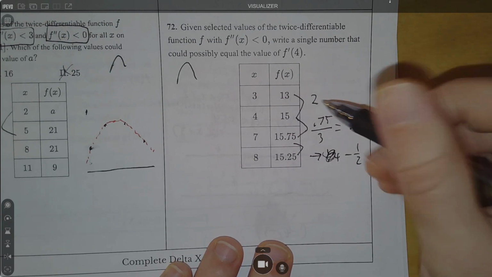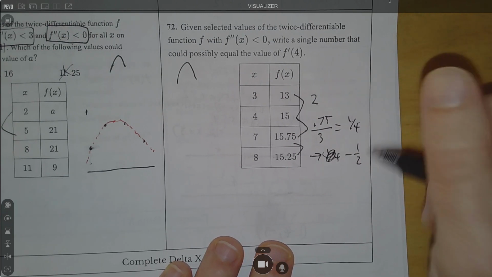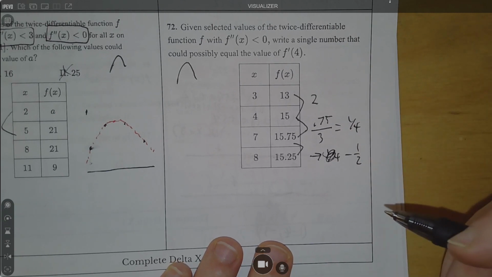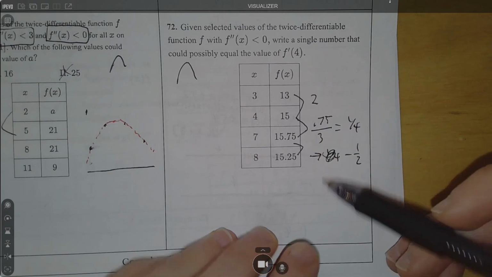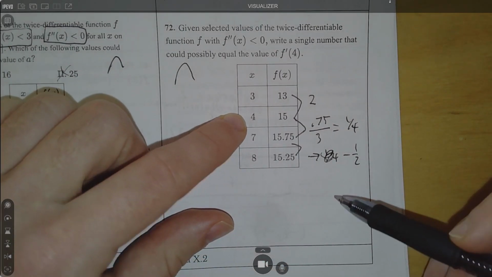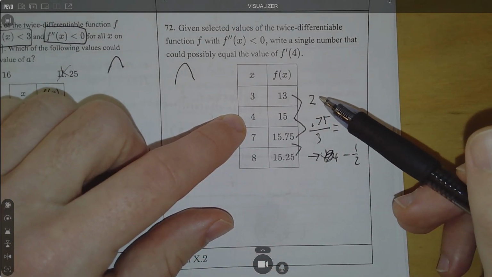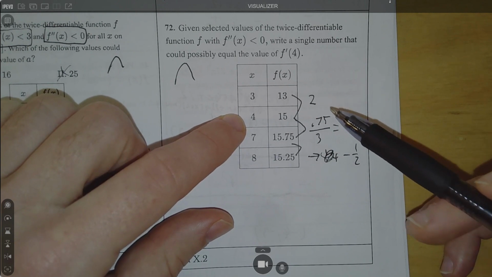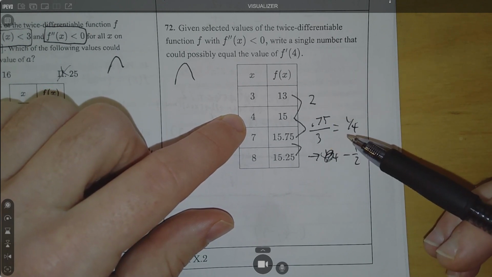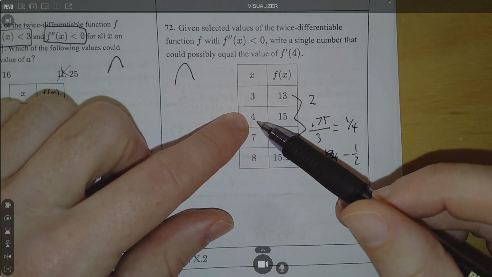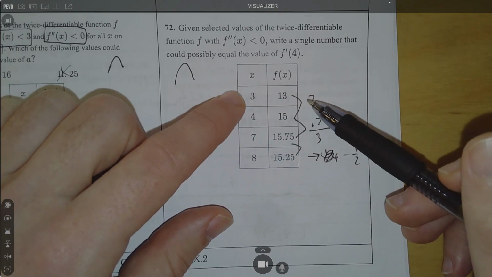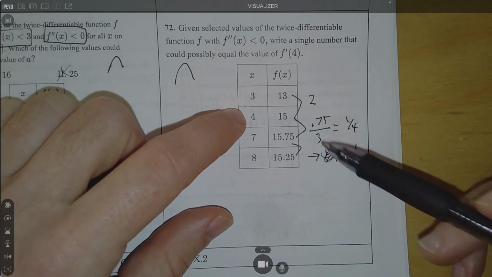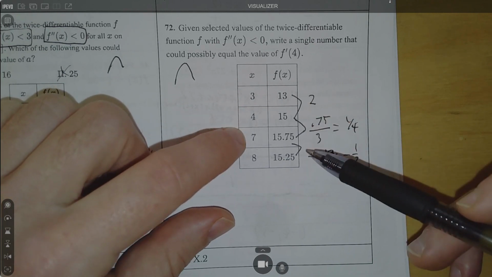It is always concave down, right? It went from 2 to 1/4 to negative 1/2. The slope is constantly decreasing. So what could be the slope at 4? It could basically be any number between 2 and 1/4, because the slope at 4 must be less than the slope between 3 and 4, and larger than the slope between 4 and 7.